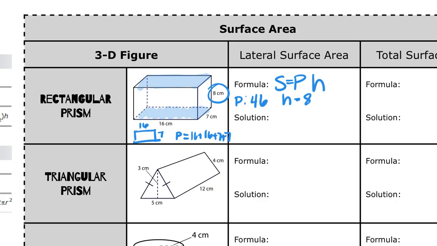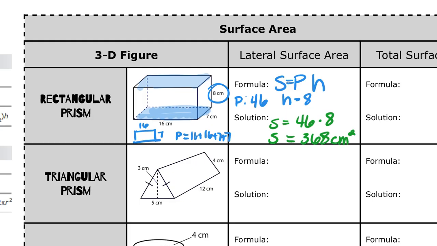In this case, we would use this formula to help us find our surface area. So surface area equals 46 times 8. So in this case, again, 46 times 8 would be 368 centimeters squared.